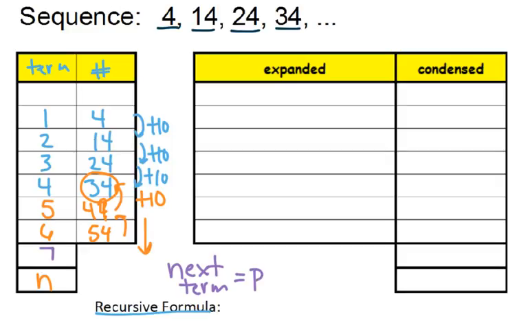So right, when we were going for 7 and we wanted to figure that out, we took the previous term, and then what did we do to it? We added 10, or we added the growth to it. Okay, that's what a recursive formula looks like. Okay, to get that next term, we take the previous term and we add the growth.